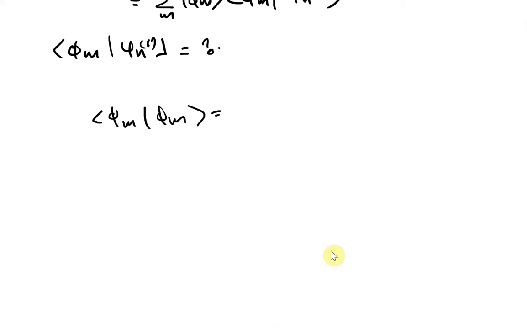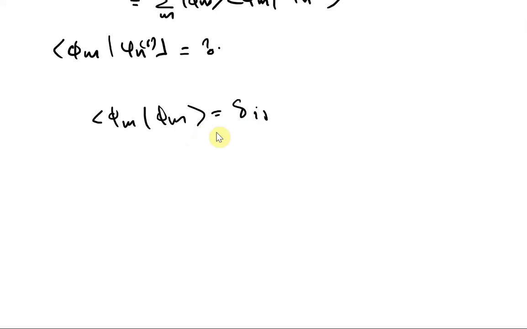This is something that we know because it's an orthonormalized system, so it's nothing but delta mn. When m and n are the same, it is nothing but 1.